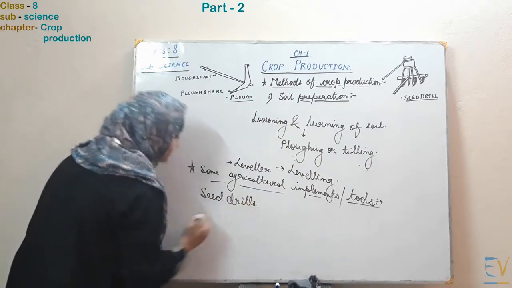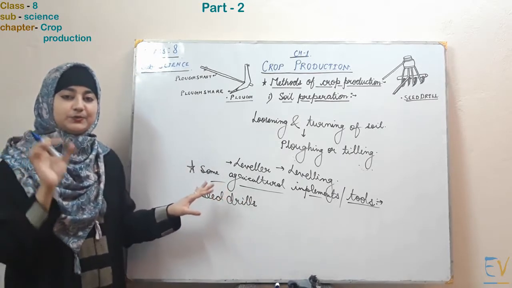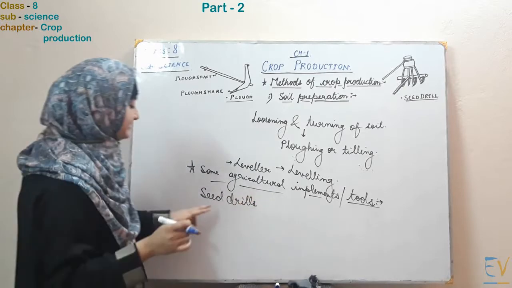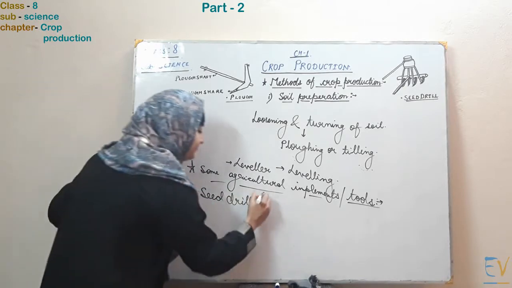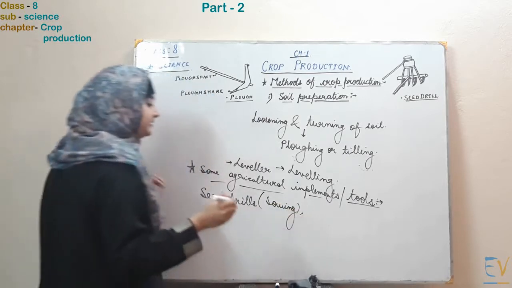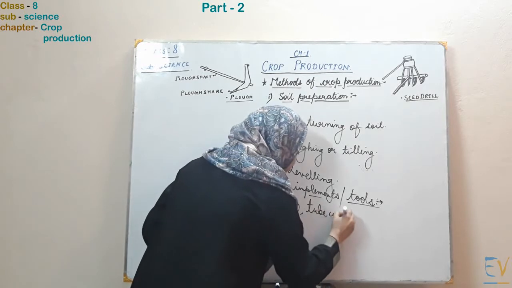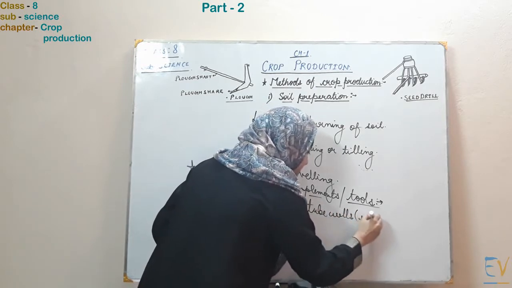Seed drills, see, they perform a specific function. All the agricultural implements or tools perform a specific function. For example, a seed drill plays a very important role in sowing the seed. Okay. Another implement, tube well. Tube wells help in irrigation.